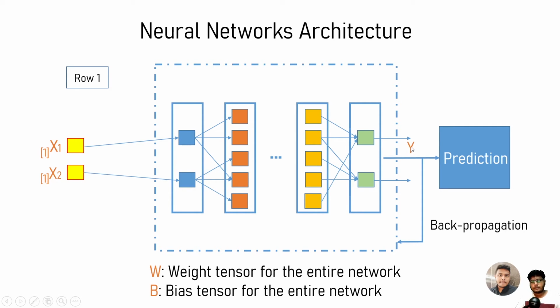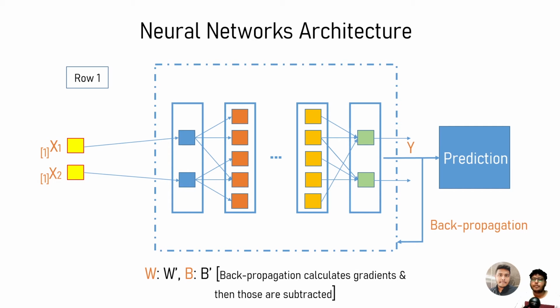Now what do you do after you get the probabilities? You do backpropagation. As I said, backpropagation is the process in which you calculate the gradients, and then you use the gradients to tweak the values of W and B, which are your weights and bias tensors, right? So here you can see that backpropagation calculates gradients and then those are subtracted.